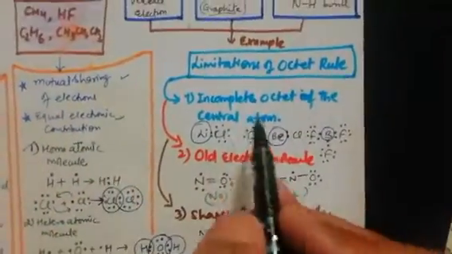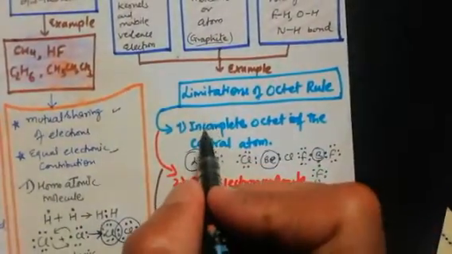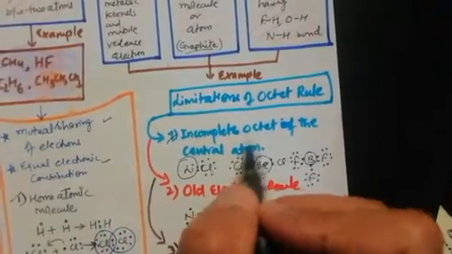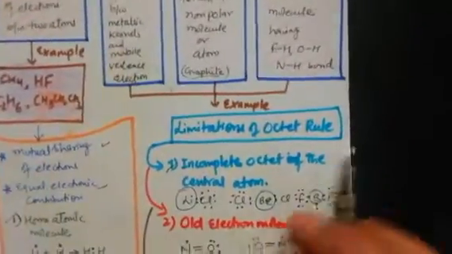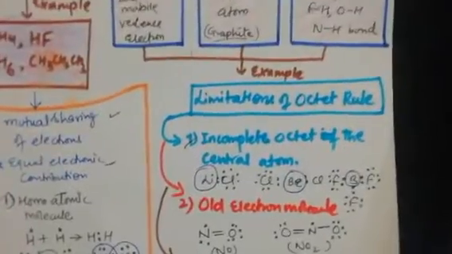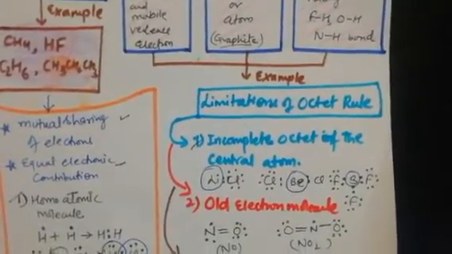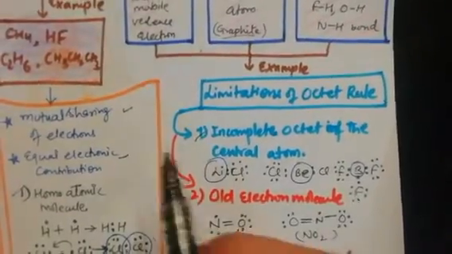So there are some limitations of the octet rule, because of which these bonds are not satisfied. The first limitation is the incomplete octet of the central atom. It is already known by this theory that the outermost shell of all elements should occupy at least 8 electrons so that it becomes stable.